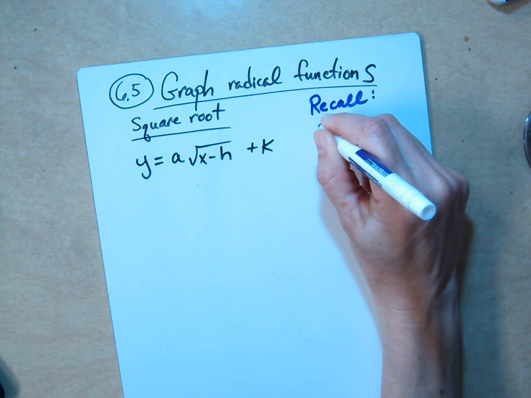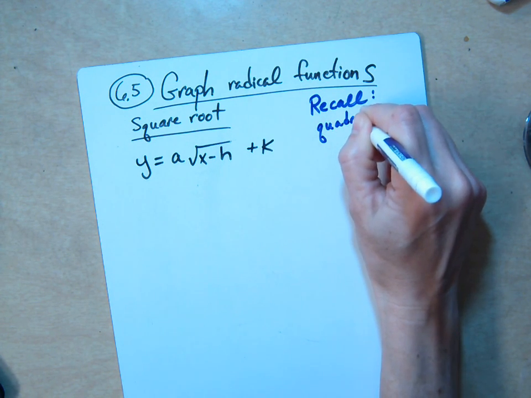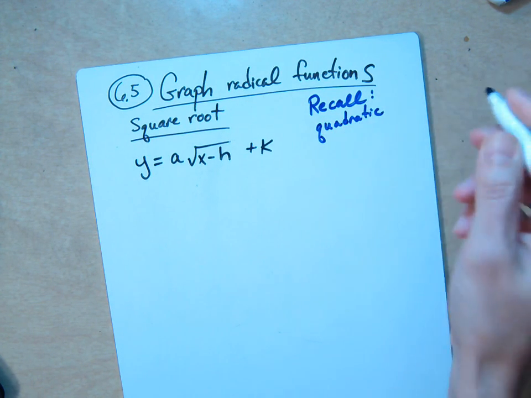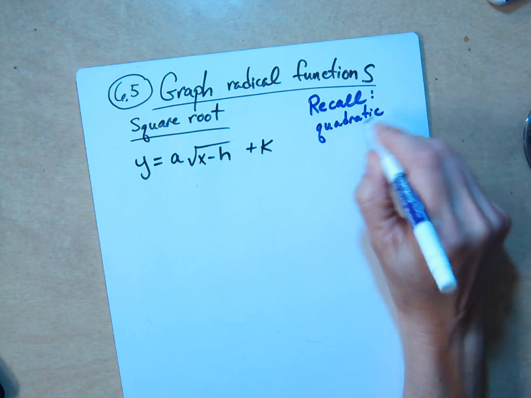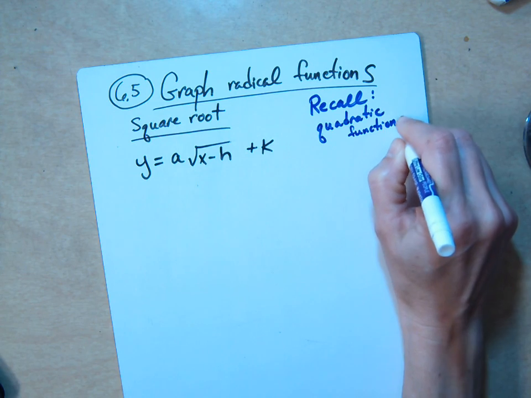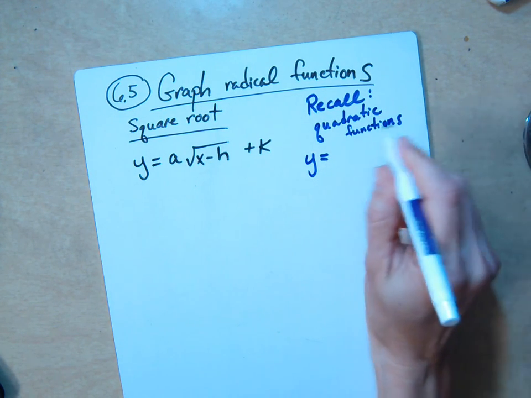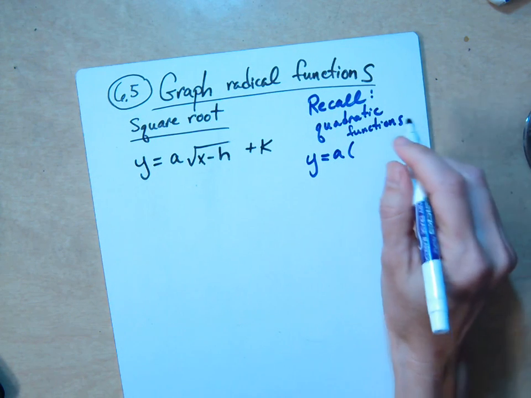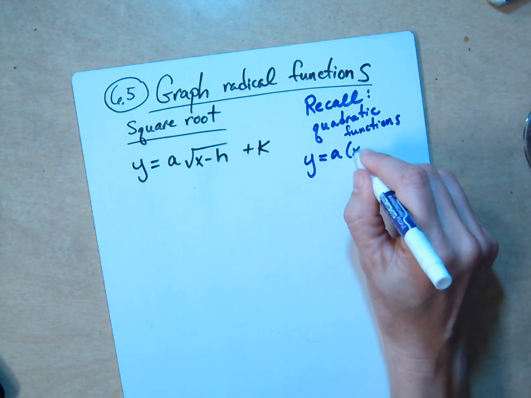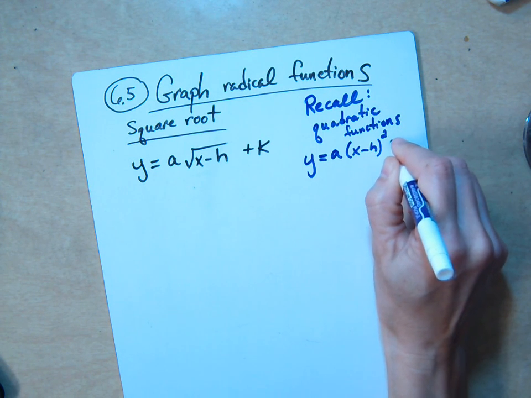In our earlier units on quadratic functions, the graph, of course, is a parabola. And we had this form, I want you to compare: y equals a(x minus h) squared plus k.